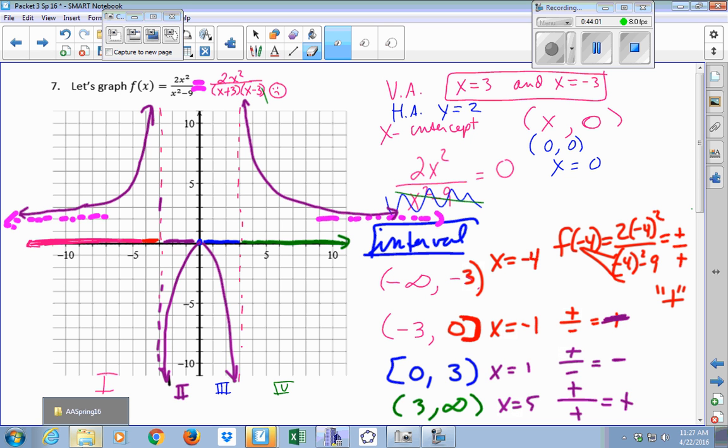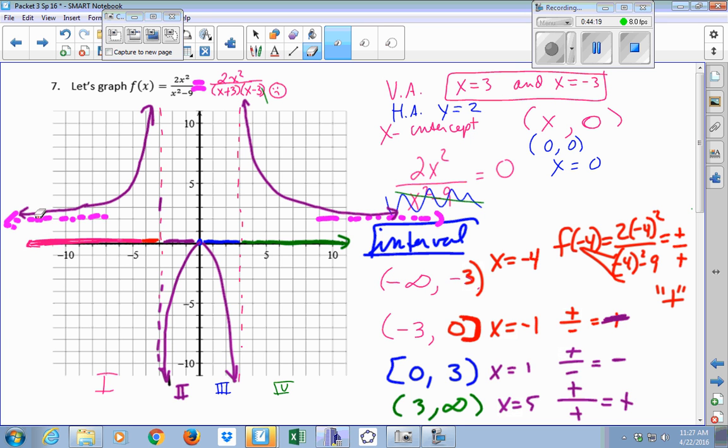Now, this is the part, if you don't understand what I'm saying, ignore me. This is how you can sort of not have to do all the sign tests. This is the shortcut.